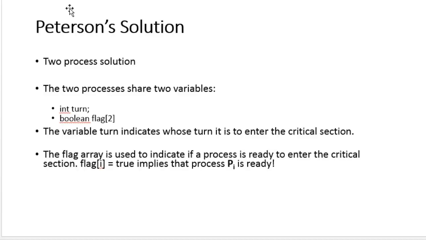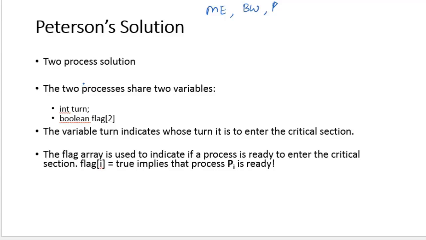Peterson's solution is a classic software based solution to the critical section problem. A solution to the critical section problem, as we have already understood, should satisfy three requirements: mutual exclusion, bounded waiting, and progress. First, let us learn the solution. Then we will see how these three requirements are satisfied by Peterson's approach.